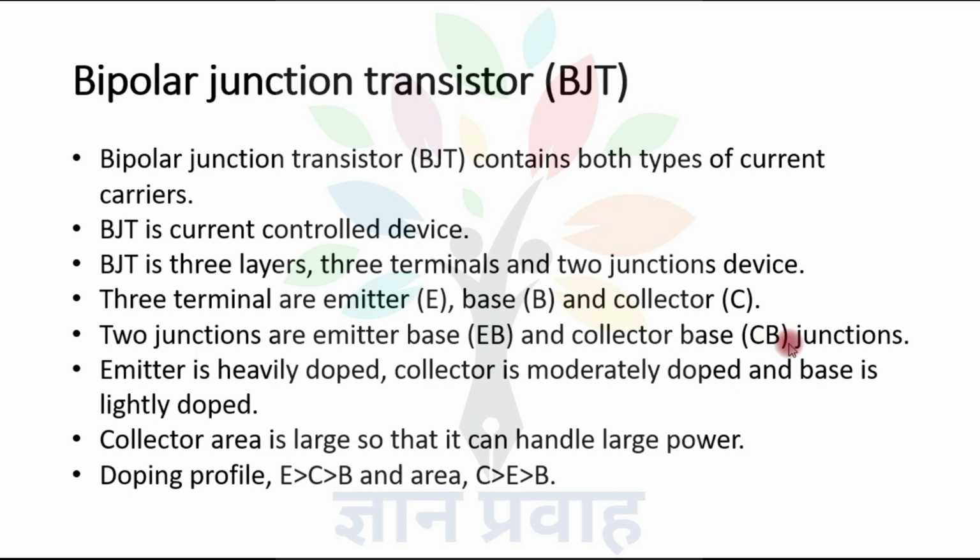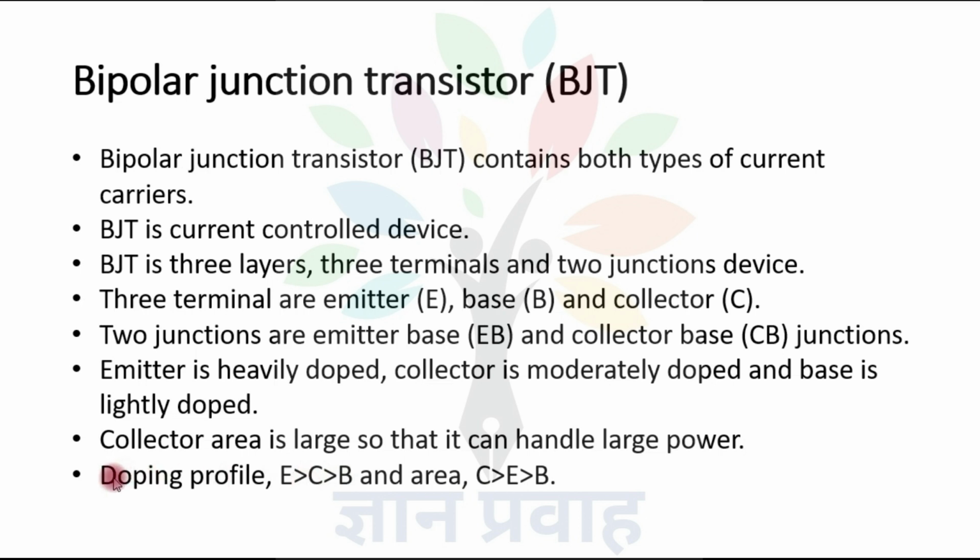In terms of doping profile, the emitter is heavily doped because it emits the charge carriers, and the collector is moderately doped, while the base is lightly doped because it has to transfer the charge coming from the emitter region to the collector region. In terms of area, the collector area is large because it handles large power.